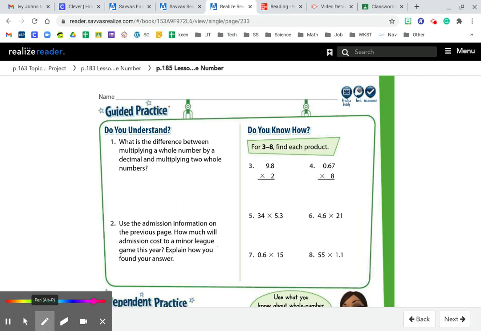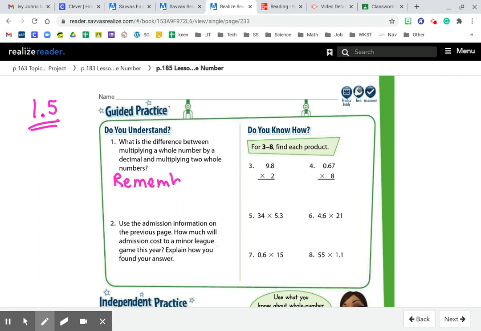But keep in mind that anytime you're multiplying by a decimal value greater than 1 but less than 2, keep that in mind. And when you're multiplying a whole number by a decimal, you count the decimal places and place a decimal point in the product where it belongs. So you have to remember to put the decimal back in.